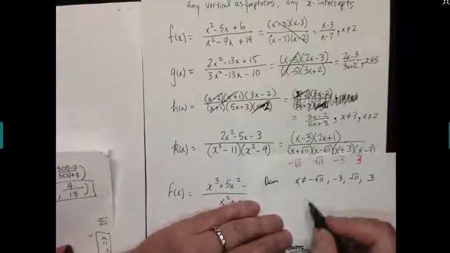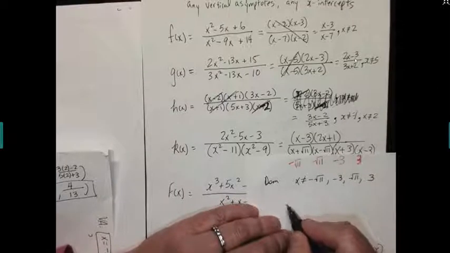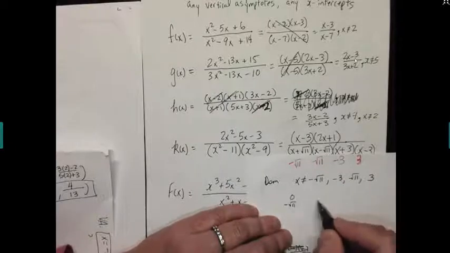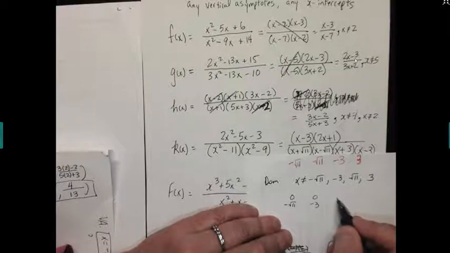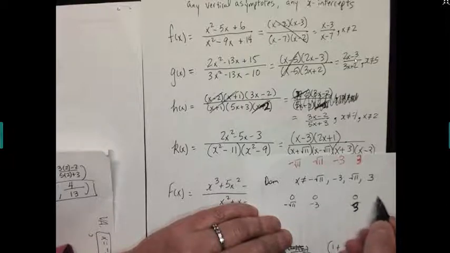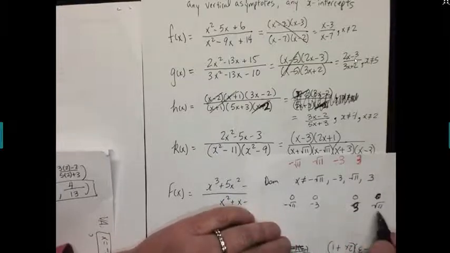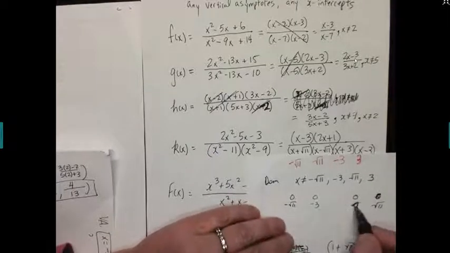So on the number line, they would be located, sorry, 3, and then square root of 11. Okay, so from smallest to largest, that would be the order on a number line.